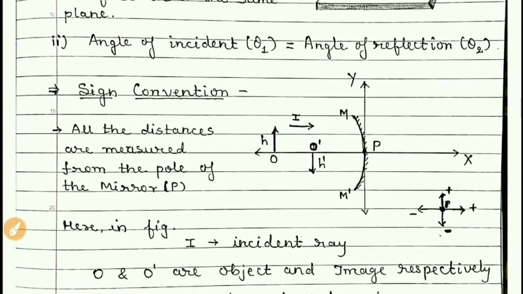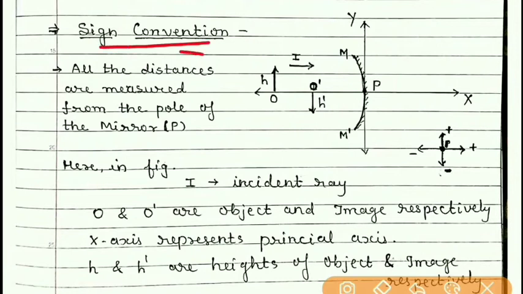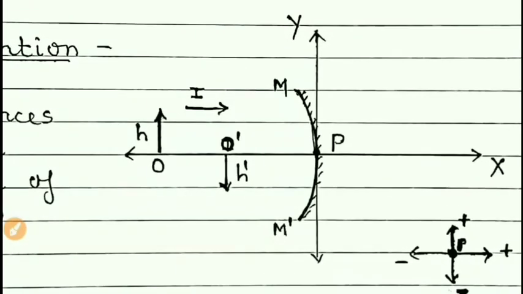Now students, there are some sign conventions used to obtain the formula as well as for calculations. Here in the figure you can see a curved mirror, or we can say a spherical mirror. Why is it a spherical mirror?